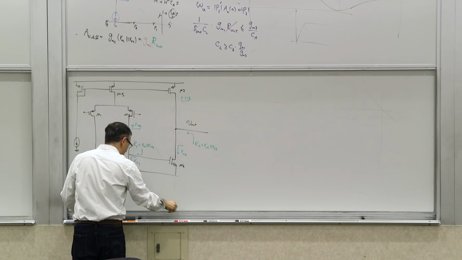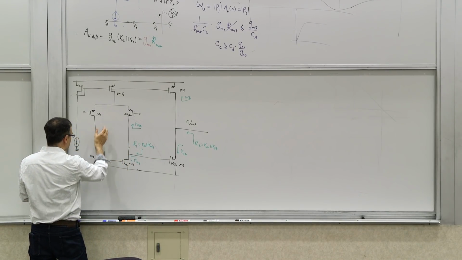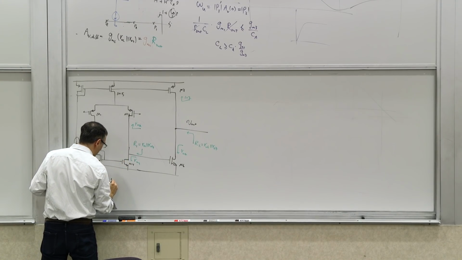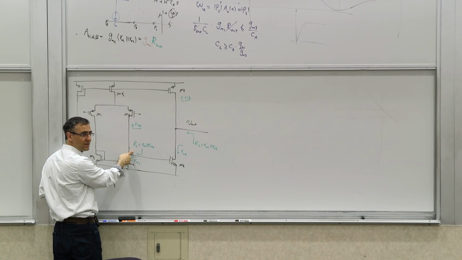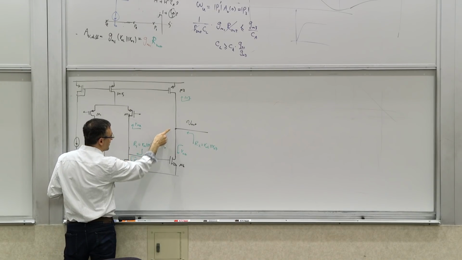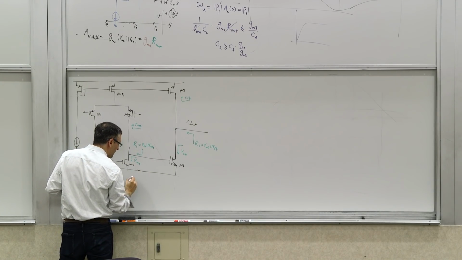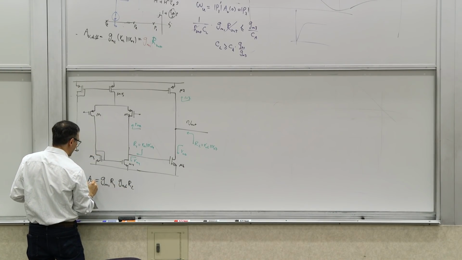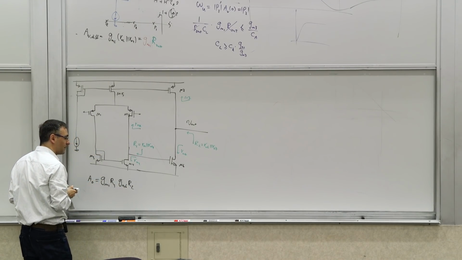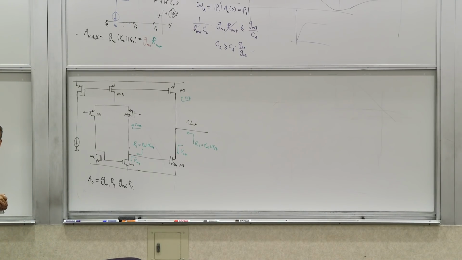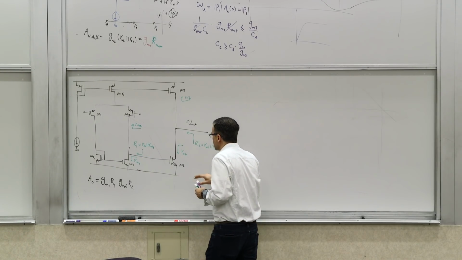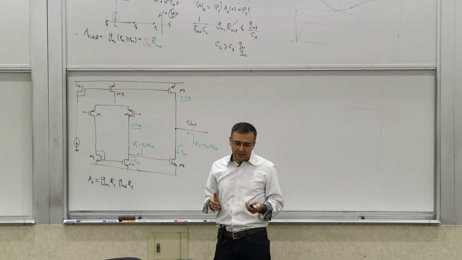And then, of course, the gain of the first stage is GM of this guy, let's say GM1 times R1, this resistance here. And then the gain from here to the output is GM6 R2. So this is your DC gain. We've done these things before, so this is review in that sense. Okay, so those are the gains.